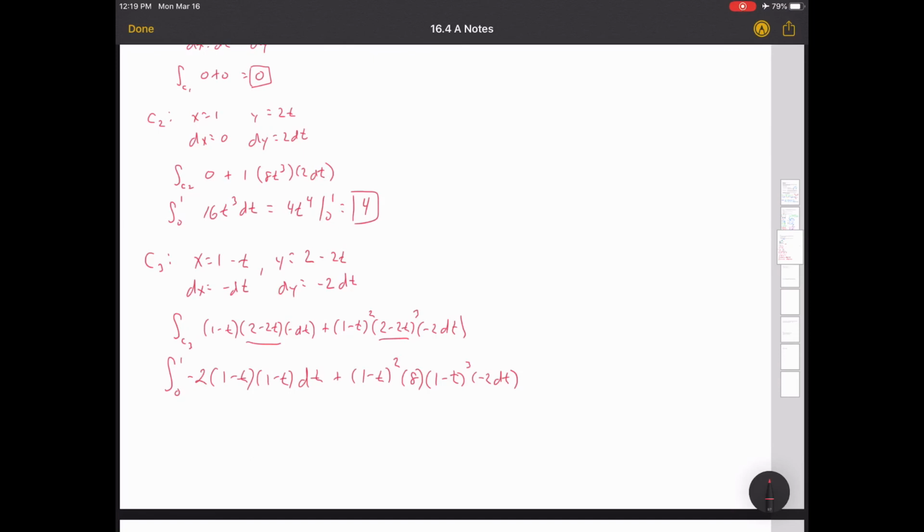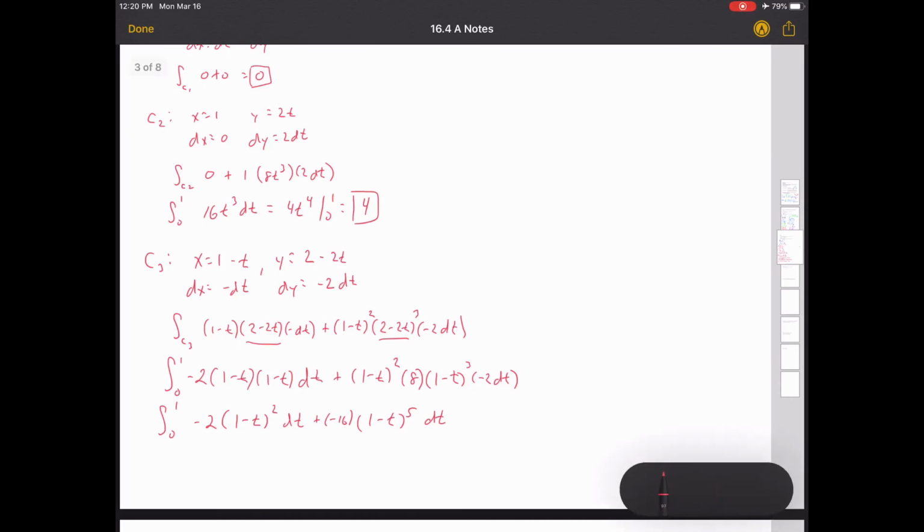Now, simplifying all that will help. So this is going to be a negative 2 times (1 minus t) squared dt. And then over here, I've got (1 minus t) squared times (1 minus t) cubed, which is going to be (1 minus t) to the 5th. And then I've got this 8 times the negative 2, so really I'm going to have a negative 16 dt.